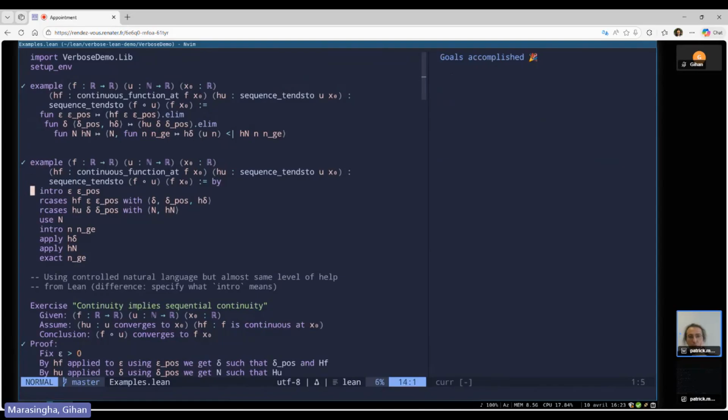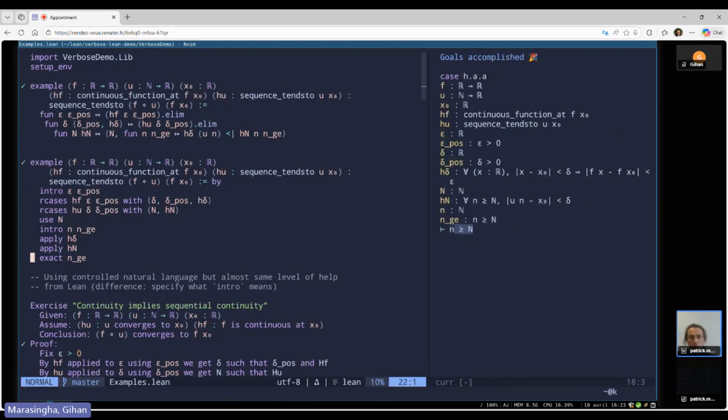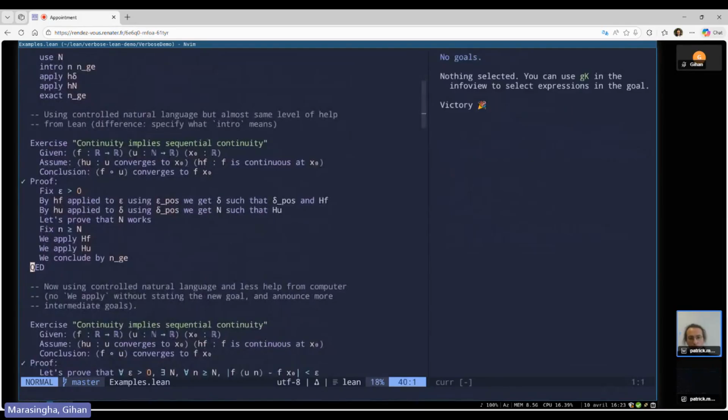And then the second example is the very same proof done using normal Lean tactics. And then the first layer of controlled natural language that you can choose to use is a very thin layer of controlled natural language.